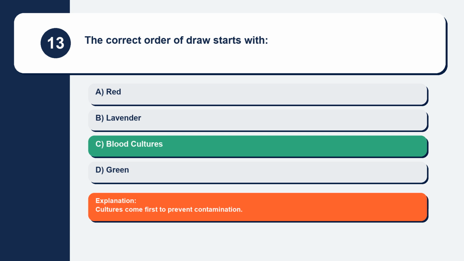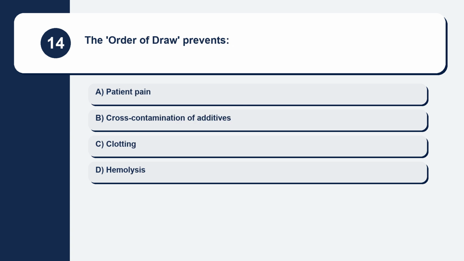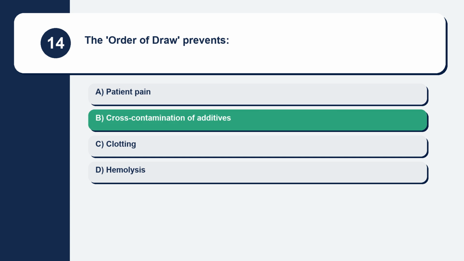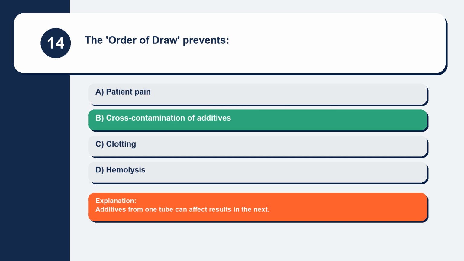Cultures come first to prevent contamination. Question 14. The order of draw prevents: patient pain, cross-contamination of additives, clotting, hemolysis. Additives from one tube can affect results in the next.